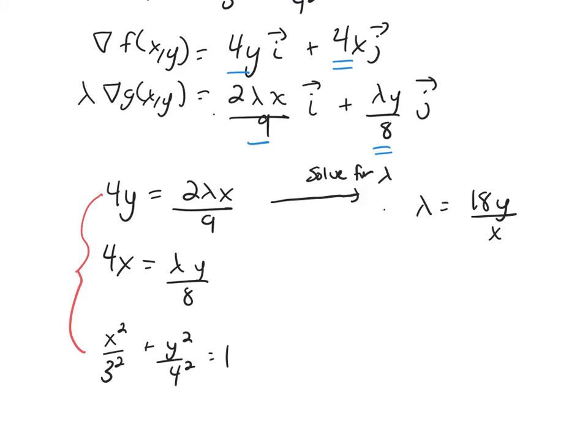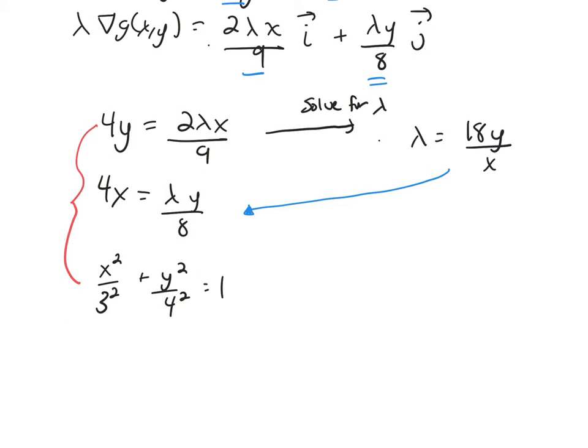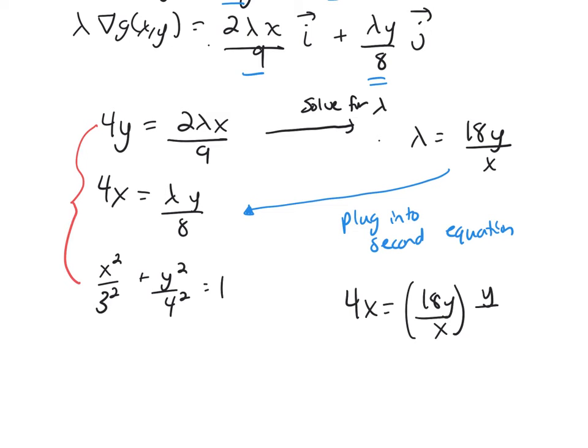And you're going to take this and plug it into your second equation. So I'm going to have 4x equals, now in place of lambda, you're going to put 18y over x times y over 8.